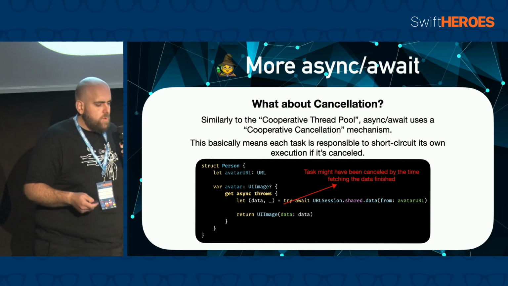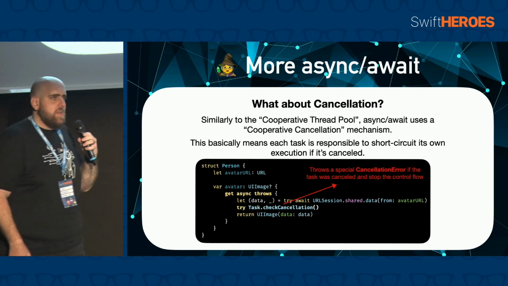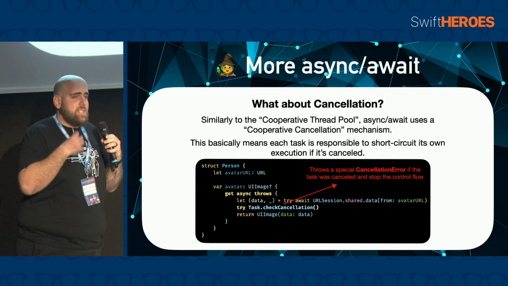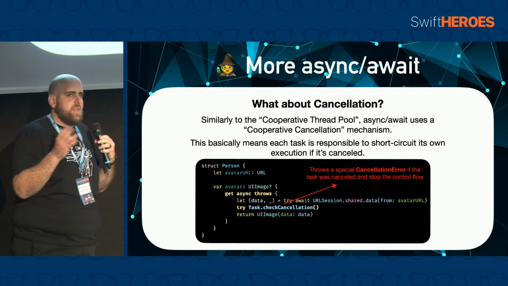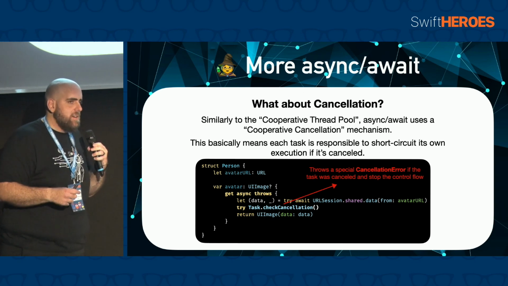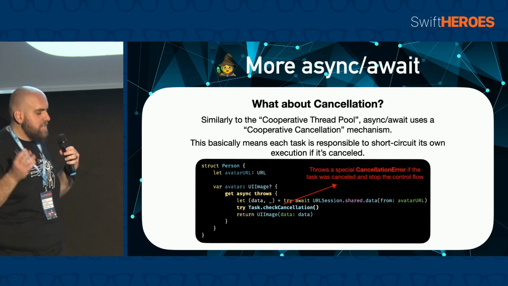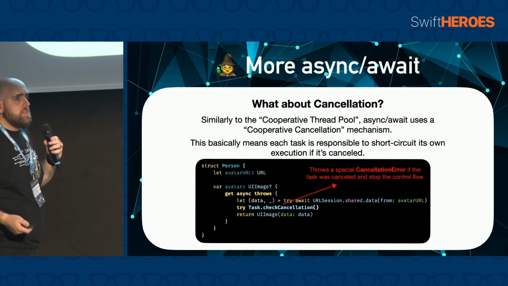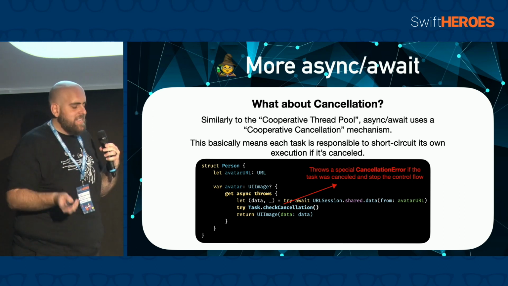The first thing I can do is use this thing called Task.checkCancellation. What it does is check, was I canceled? If you were canceled, it will just stop the execution by throwing a special error called a cancellation error, and that's going to tell all the tasks above it, hey, I was canceled, just FYI. You might actually want to do something different, like controlling the control flow instead of entirely terminating the task.